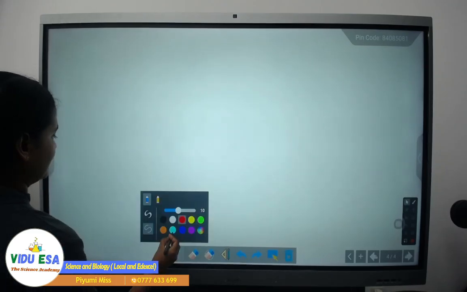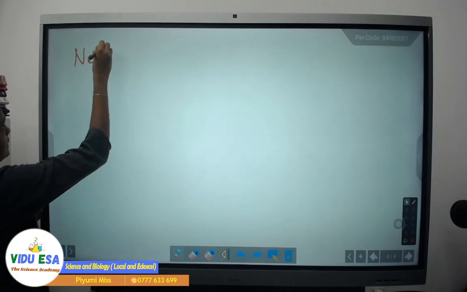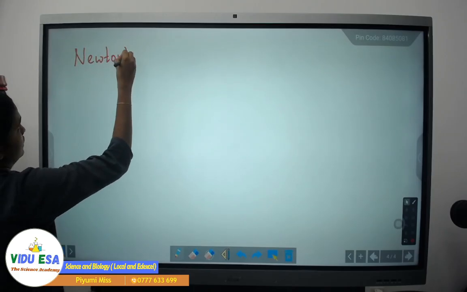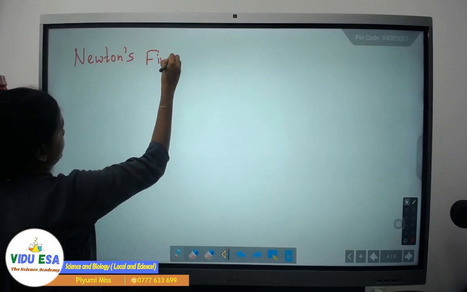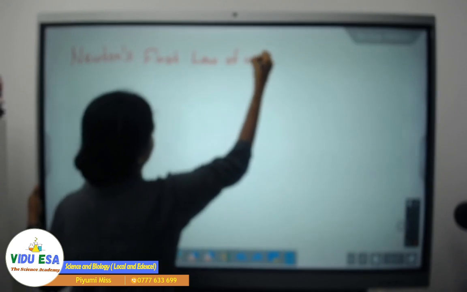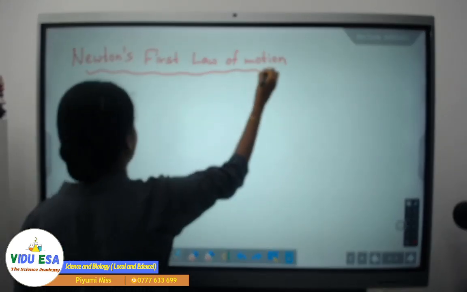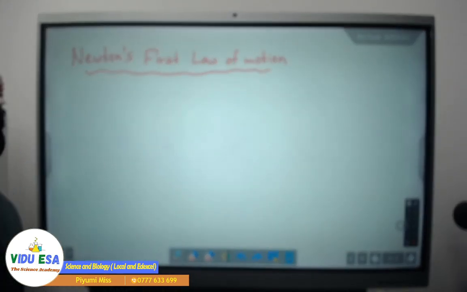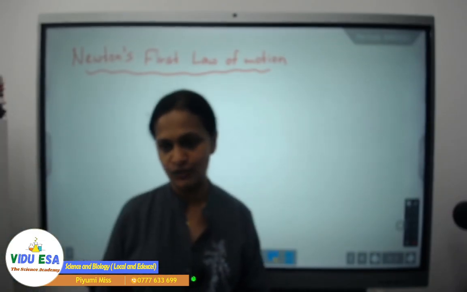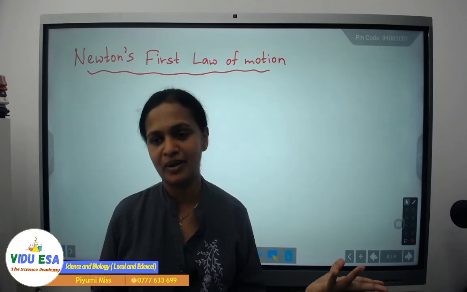You can also put the topic Newton's first law of motion. We have already learned the theory behind it. In Newton's first law of motion, he says, if there is no unbalanced force acting on an object, the object at rest will remain at rest.